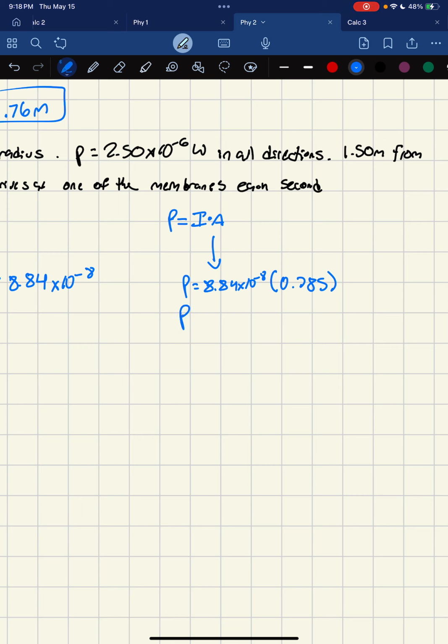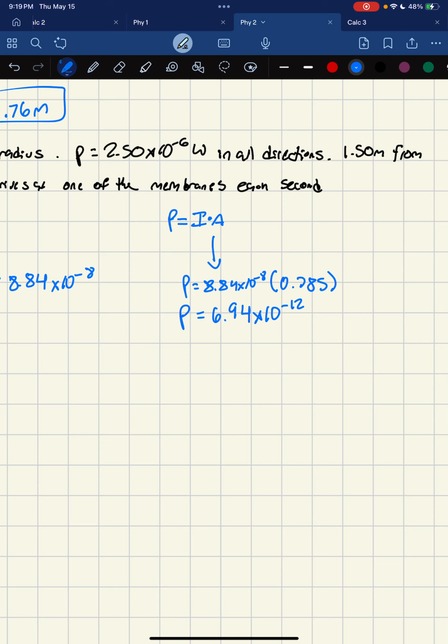Okay, so my sound energy is equal to 6.94 times 10 to the power of negative 12. Yes.